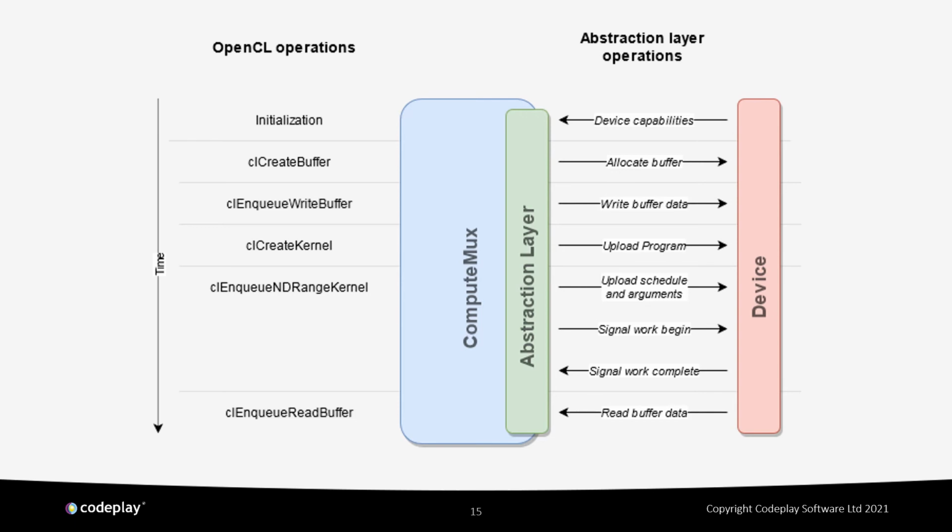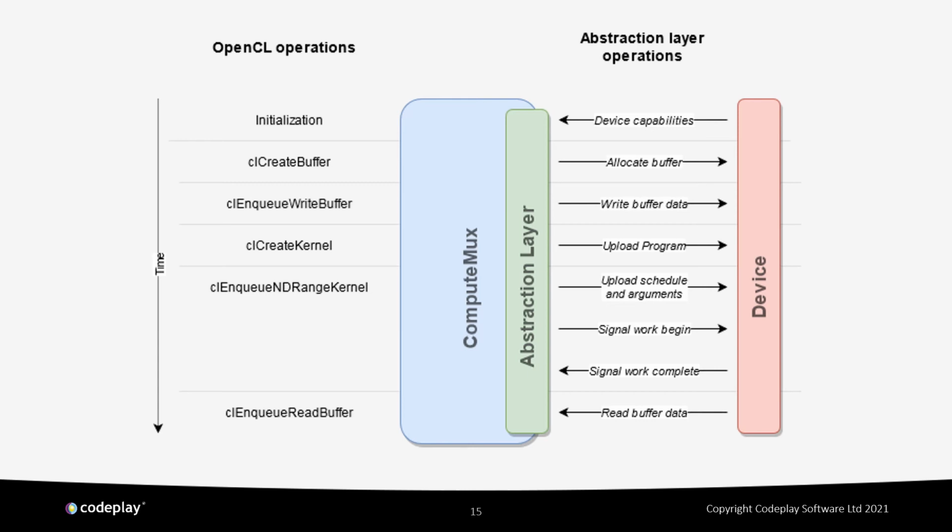Then the user might create a kernel itself. So the heavy lifting here is done by ComputeMux, and that's leveraging LLVM to actually do the compilation itself. And so once a binary has been created, that'll be handed to the abstraction layer to the device. So then the next step would be something like clEnqueueNDRangeKernel.